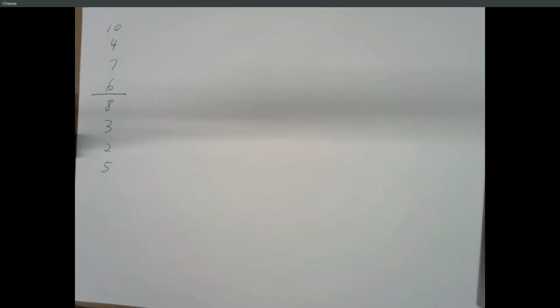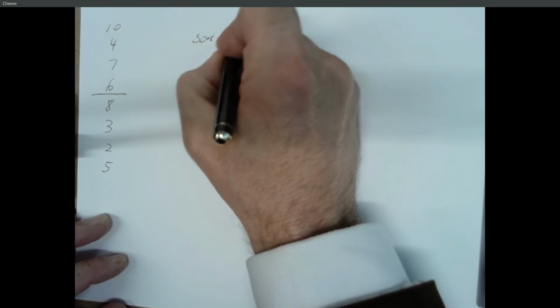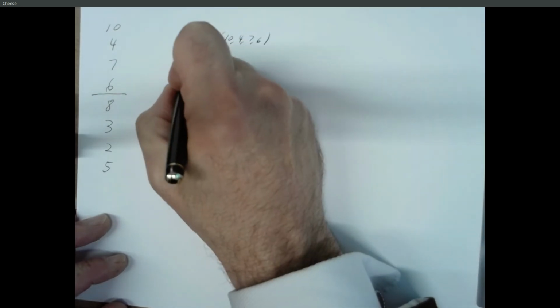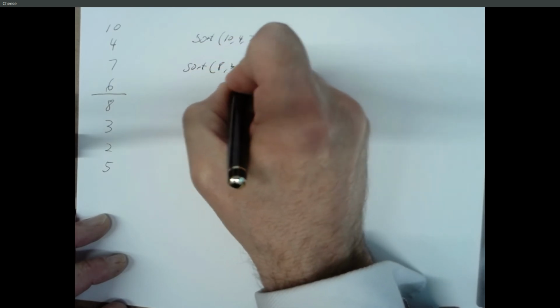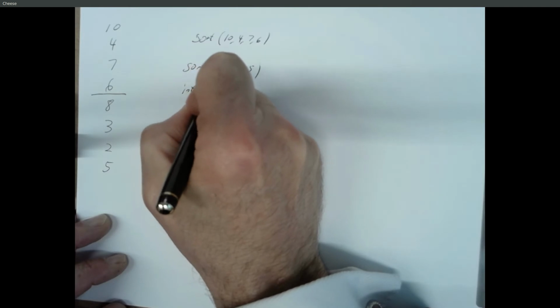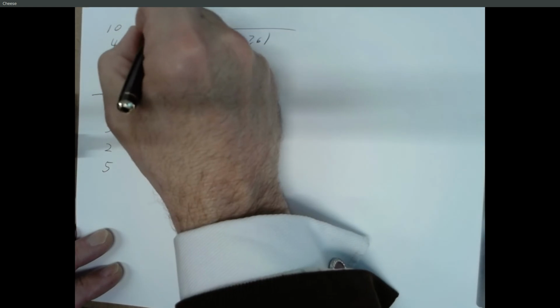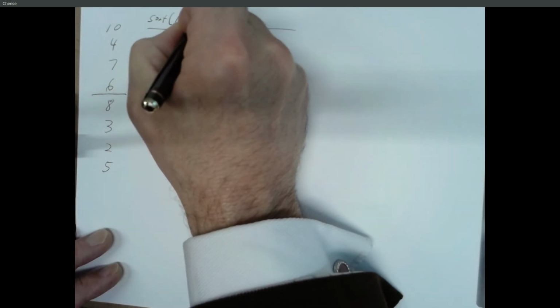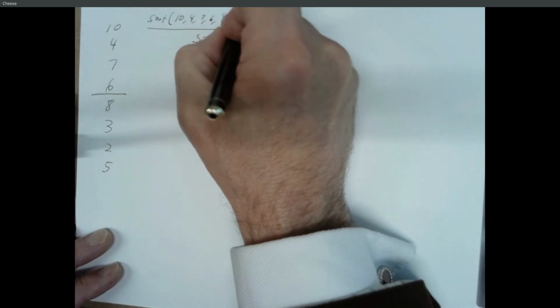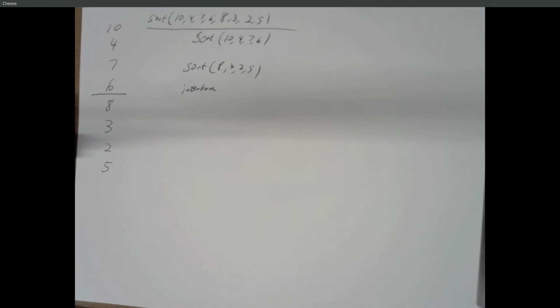I split into 2 pieces, and I'm going to say sort 10, 4, 7, 6, and then I'm going to sort 8, 3, 2, 5, and then I'm going to interleave, or mix those together. So this is all assuming I originally want to sort these 8 numbers. So I break it into 2 smaller sort problems and I mix the results together.